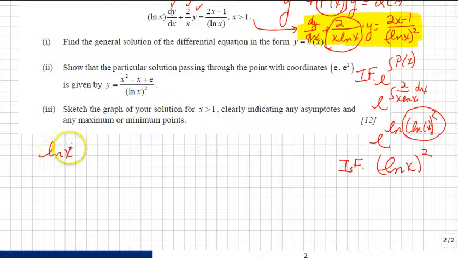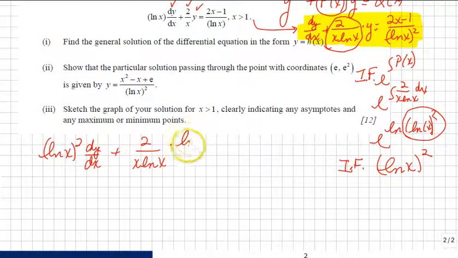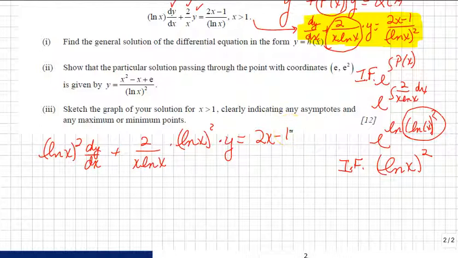So ln of x quantity squared times dy dx plus 2x ln x times the integrating factor, ln of x quantity squared, times the y equals the right hand side, which is 2x minus 1 over ln x squared, but we're multiplying by ln x squared, so the denominator cancels out, and you just get 2x minus 1. Okay, so after we multiply through by the integrating factor, we're ready to integrate both sides of this thing.